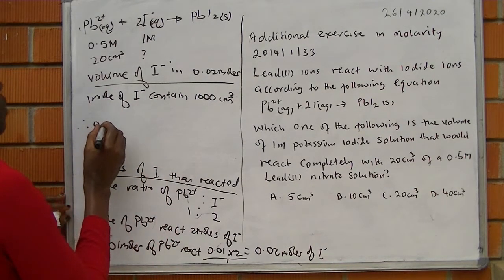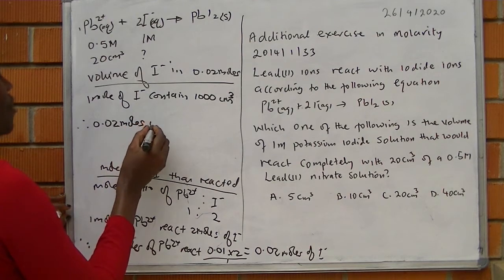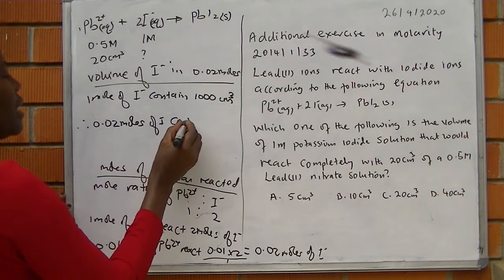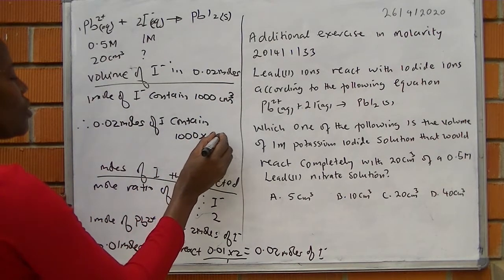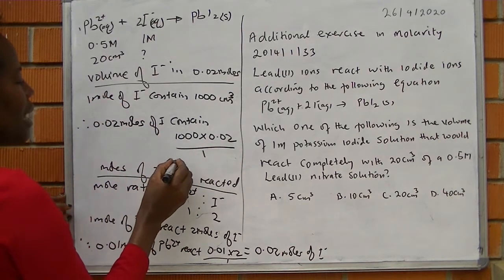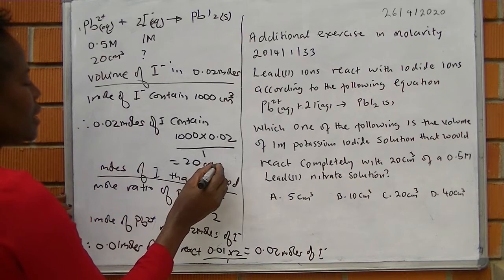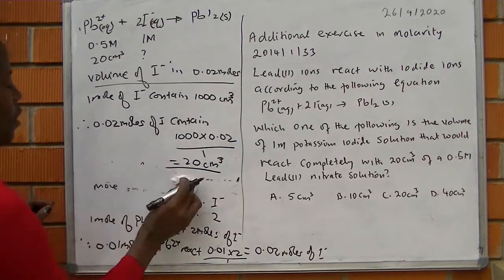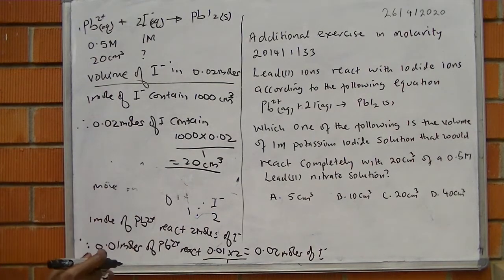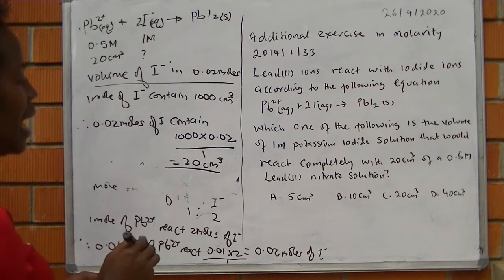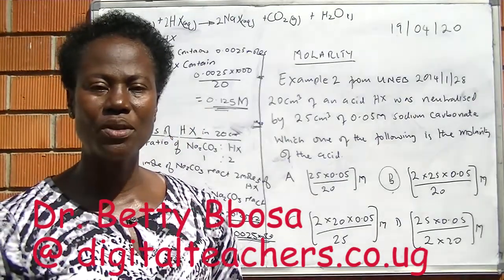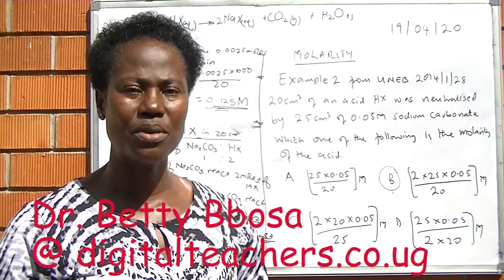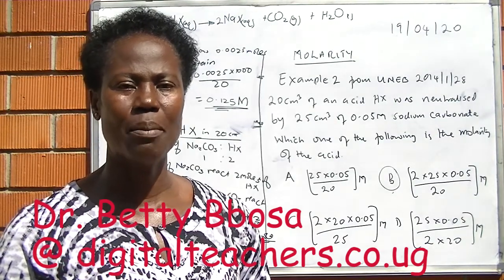What about the moles I got of the iodide ions? It will contain, we cross multiply 1,000 times 0.02 divided by 1, and the answer will be 20 cubic centimeters. Therefore, the volume required is 20 cubic centimeters, which is needed to react with 20 cubic centimeters of 0.5 molar lead 2 nitrate, and our answer is C. So we are going to calculate together more examples in the next lesson under molarity.